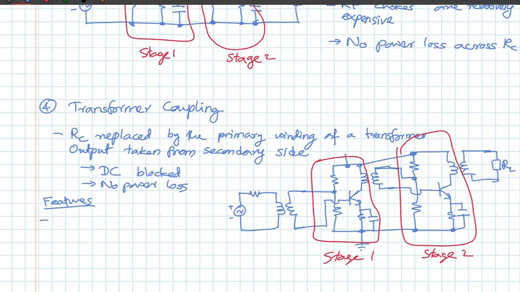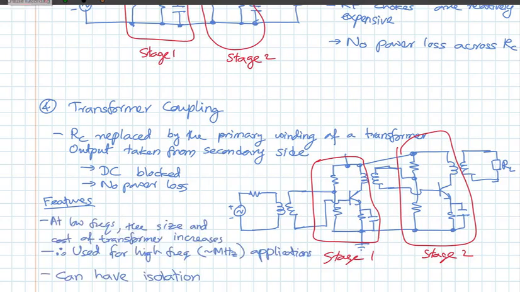And also we can have isolation, and the load can be isolated. Those are the properties of this circuit. These are the features of transformer coupling, and with that the coupling types are concluded. So we have four different types of coupling between multi-stage amplifier stages.